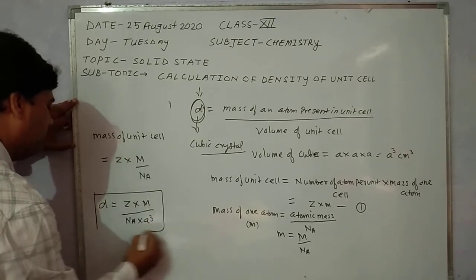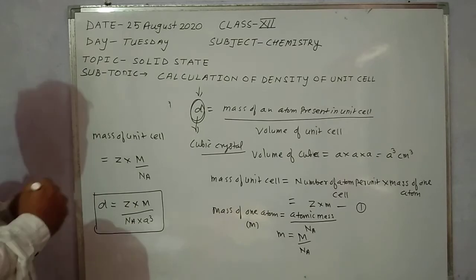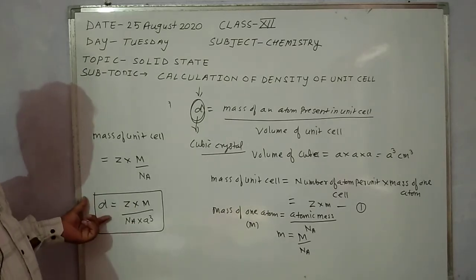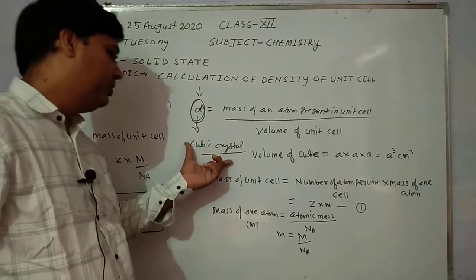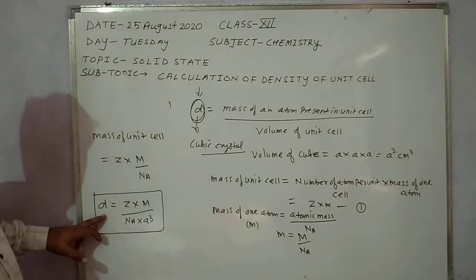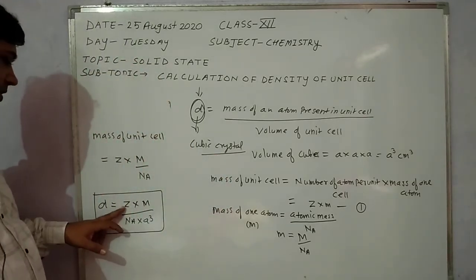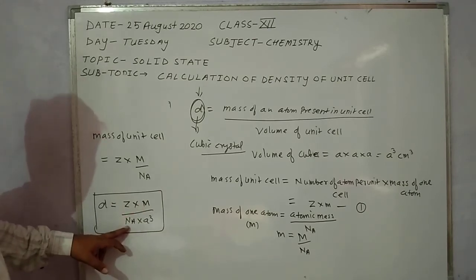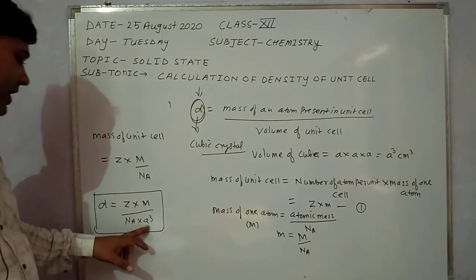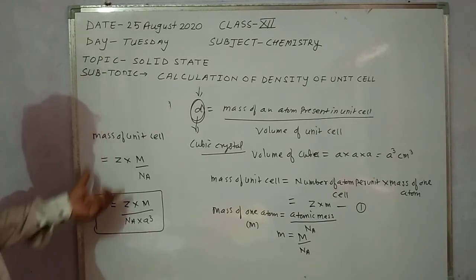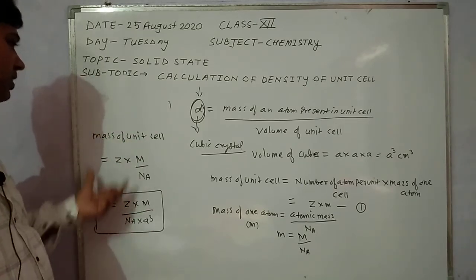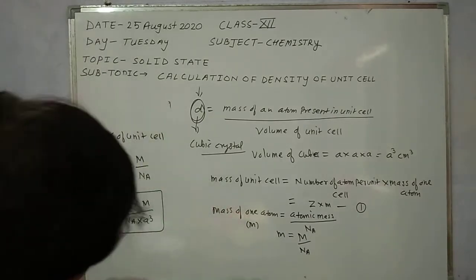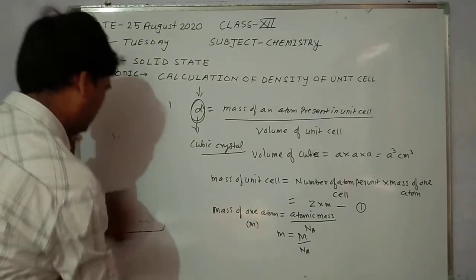So with the help of this formula, we can calculate density of a unit cell which is related to a cubic crystal. So density is equal to Z, number of atoms per unit cell, into atomic mass divided by Na, Avogadro number, into edge length cube. Okay, with the help of this particular formula, we can calculate the density of unit cell.